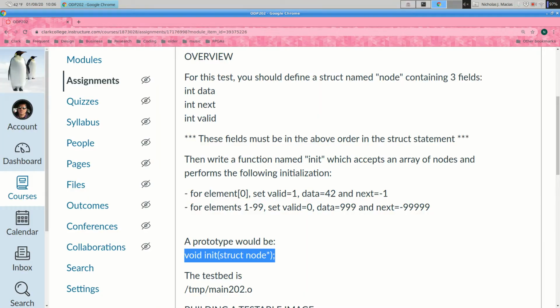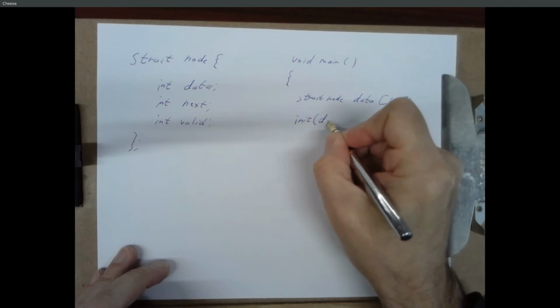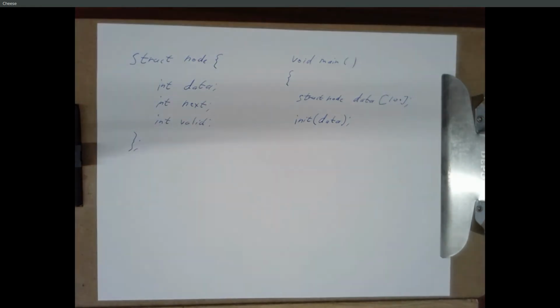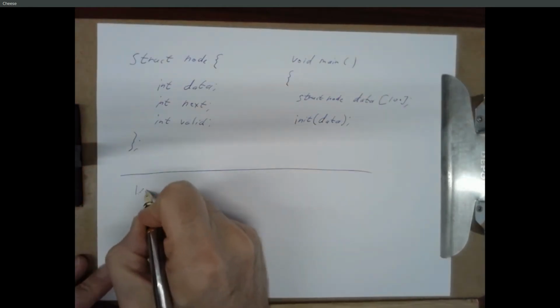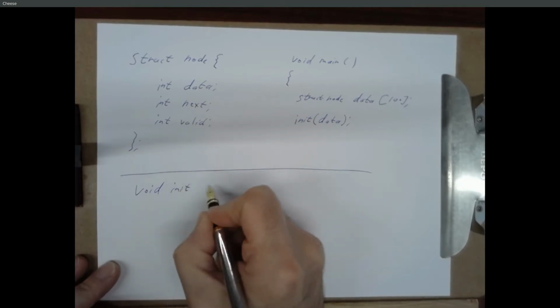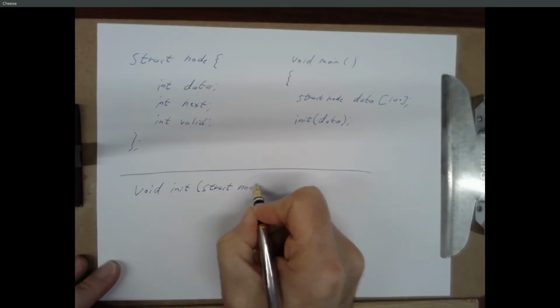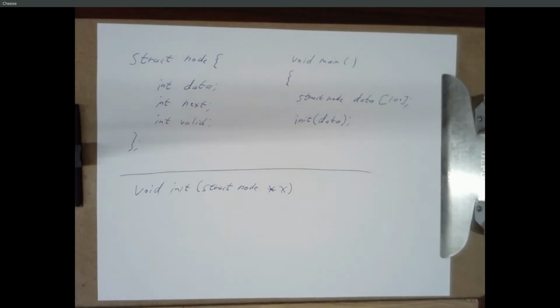And since I'm declaring a function named init which accepts a pointer to a struct node, that expects an array of struct nodes, I could say init parentheses data. That's an example of passing an array of struct nodes to the init function. And my init function itself is declared like the prototype. It doesn't matter what you call the argument, you can call it whatever you want. I'll just call it x.